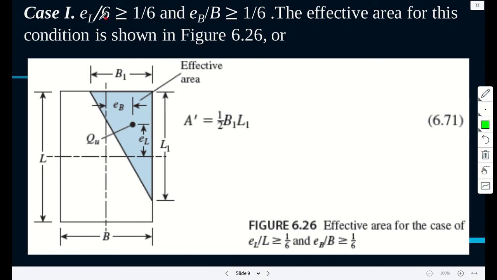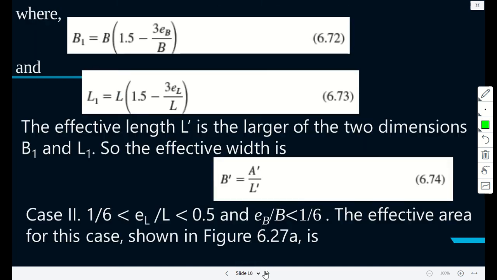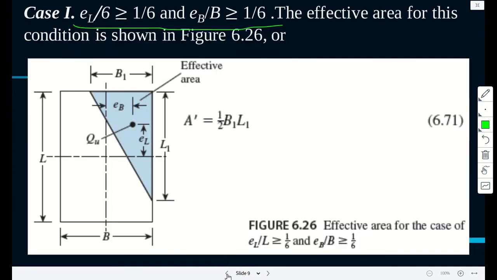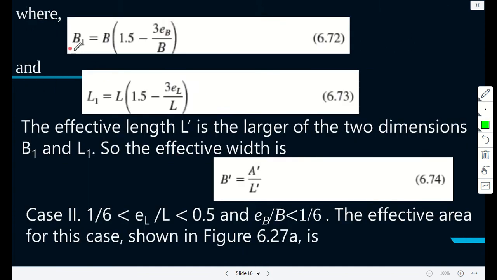So if the eccentricity is in that range, that is the effective area, with B1 and L1, and of course this is a triangular area, so the area is half B1 L1. That's the first case. You can do your manipulations; this is just geometry now. We can express B1 in terms of the eccentricity, and L1 also in terms of the eccentricity.